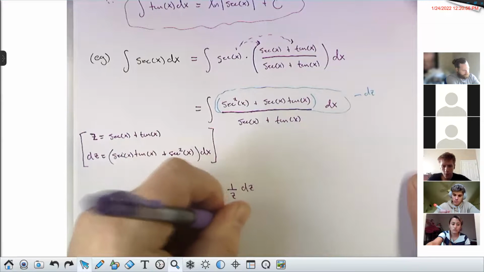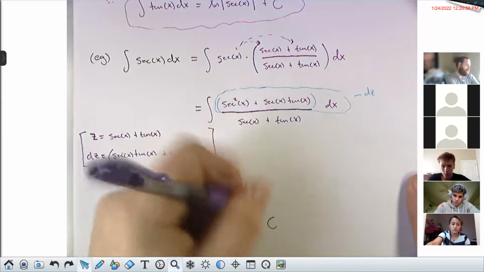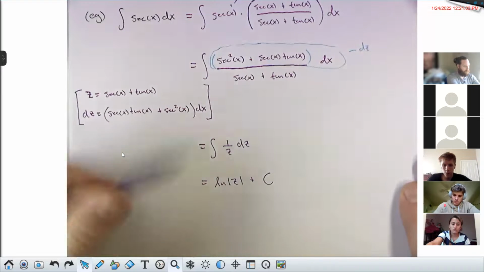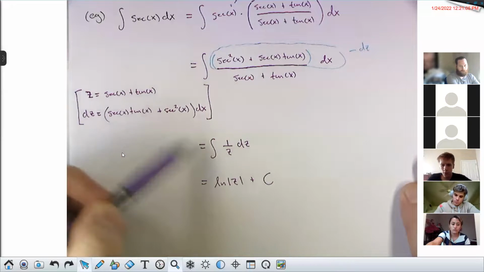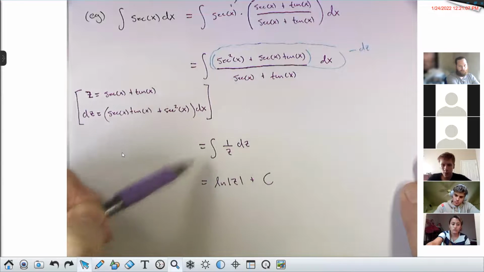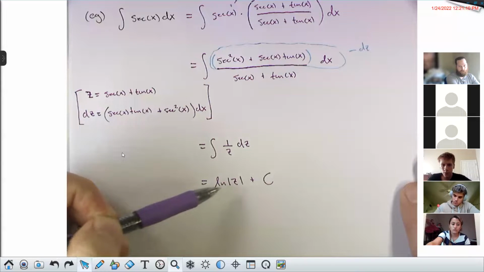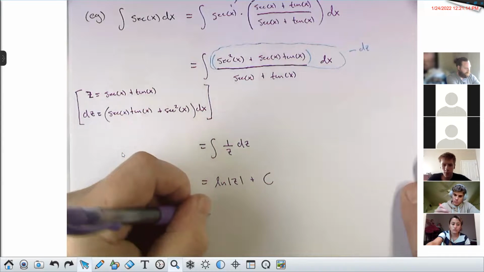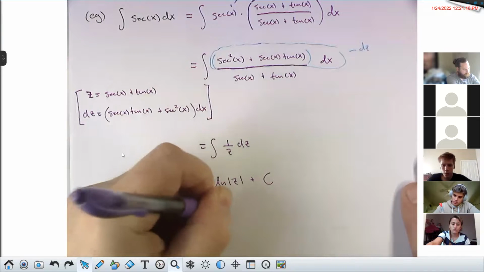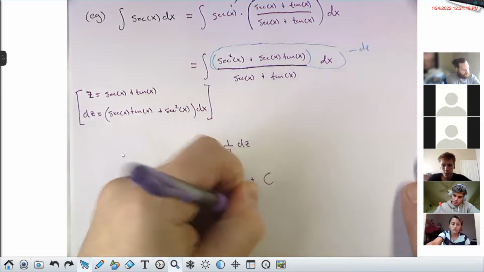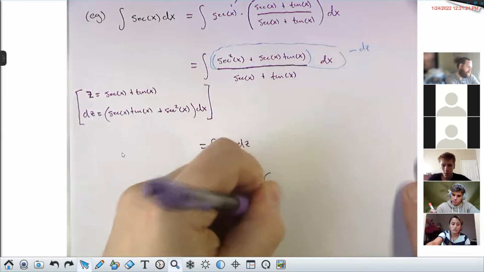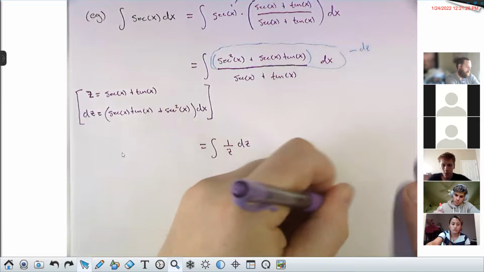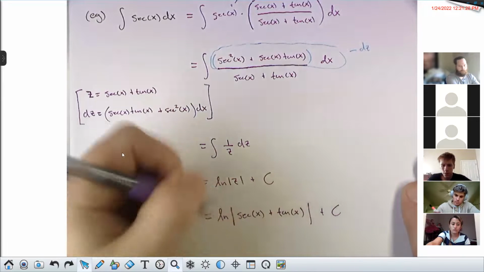I won't do any fiddling with log rules. The answer we get just plugging in will be fine. The integral of 1 over z dz is the natural log of the absolute value of z plus a constant. And if you plug in your z, this is the natural log of the absolute value of secant x plus tangent x, plus c.